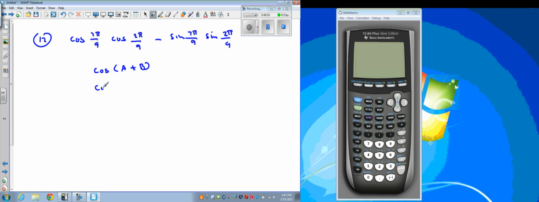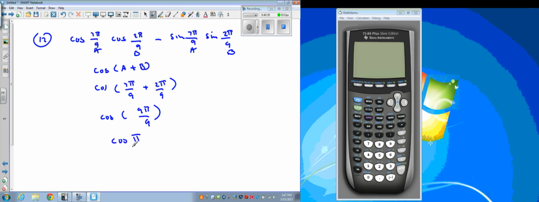A is 7 pi over 9, and B is going to be 2 pi over 9. So what we have is the cosine of 9 pi over 9, which is the cosine of pi, and the cosine of pi is, 180 degrees, right?